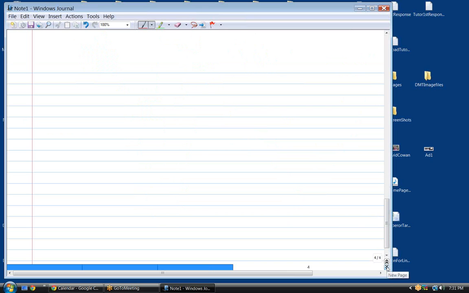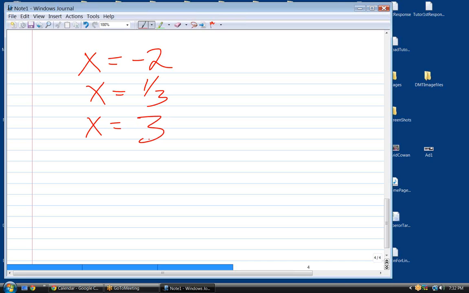Yes. Write the third degree polynomial with the roots of -2, 1/3, and 3. What's the third root? Negative or positive 3. If these are the roots, what are the 3 linear factors that I'll multiply together to get this third degree polynomial?